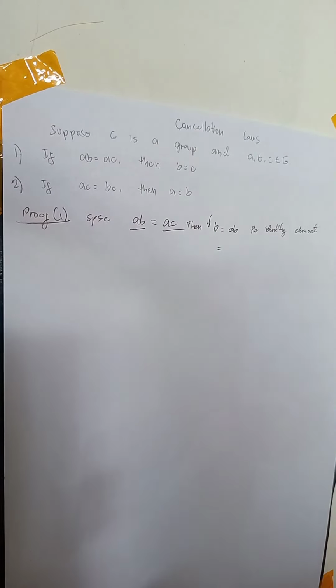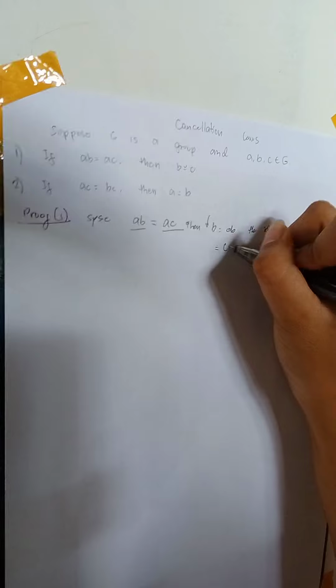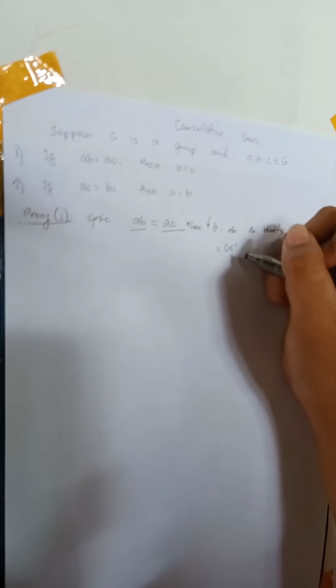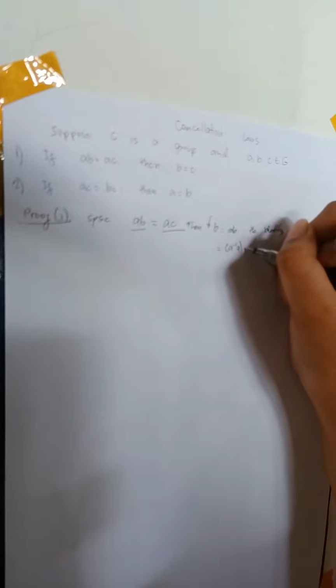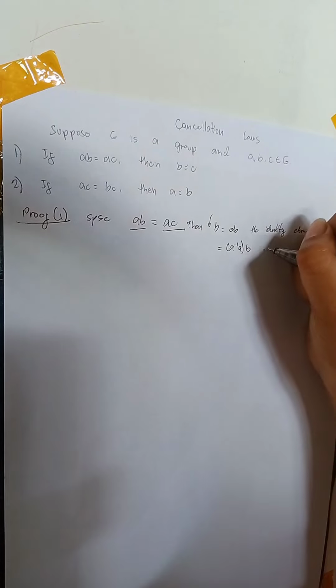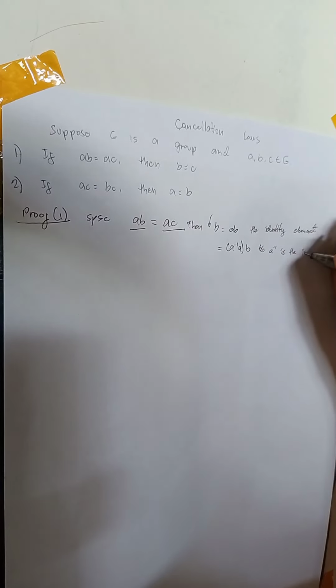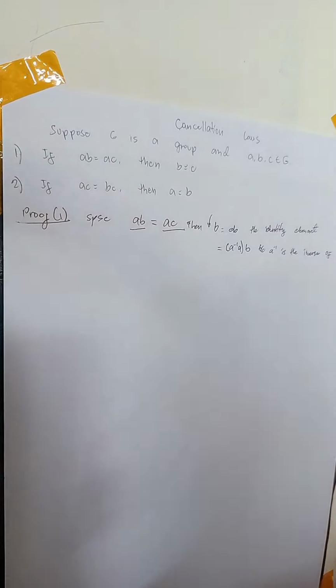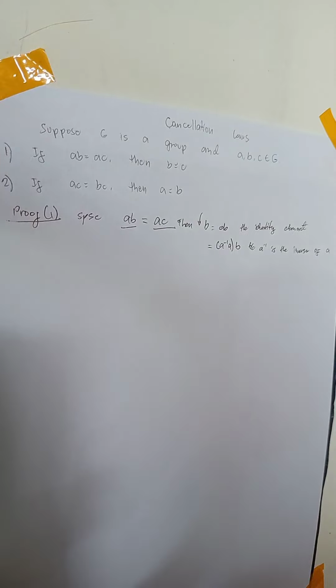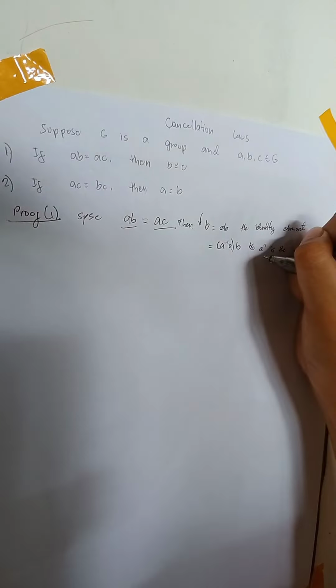So we can write this as A inverse times A times B. This is because A inverse is the inverse of A. A is in a group, and so every element has an inverse. In particular, A has an inverse and its name is A inverse.